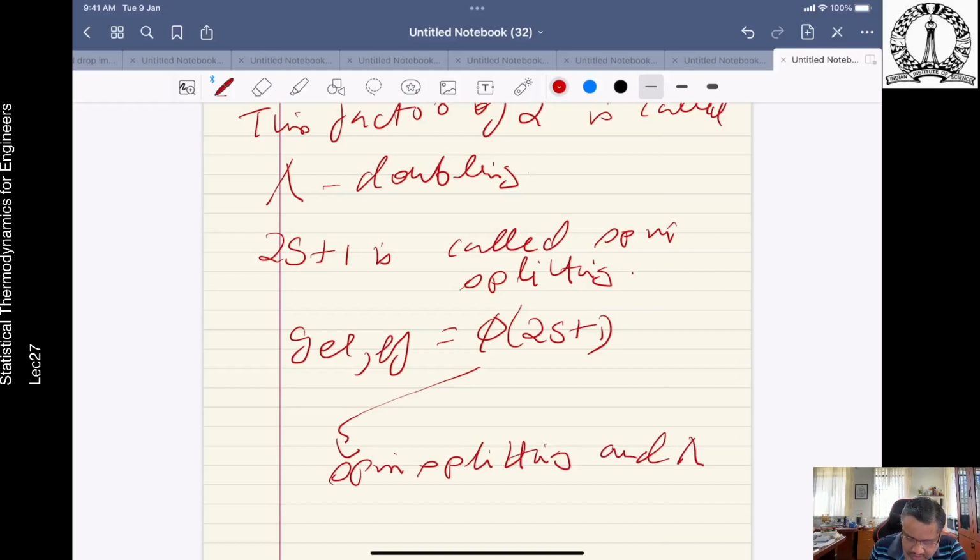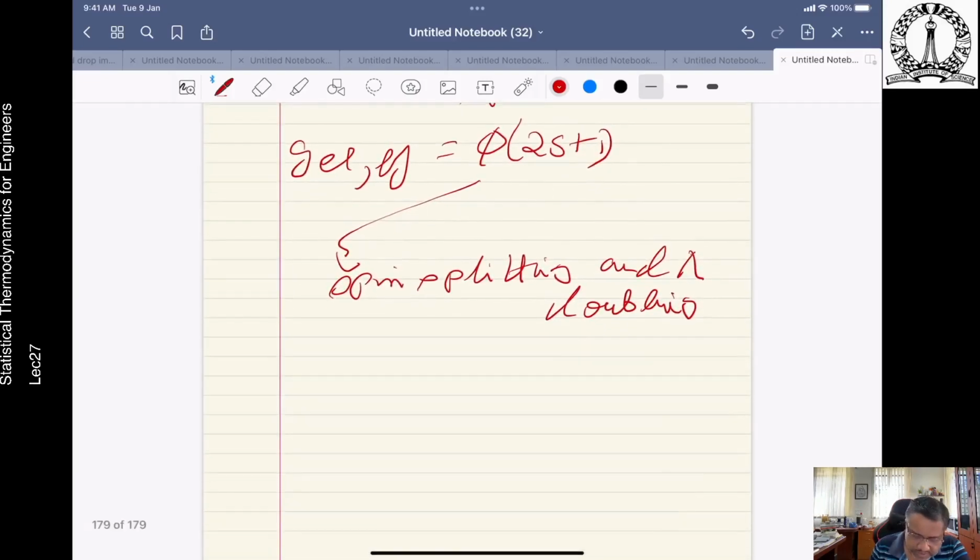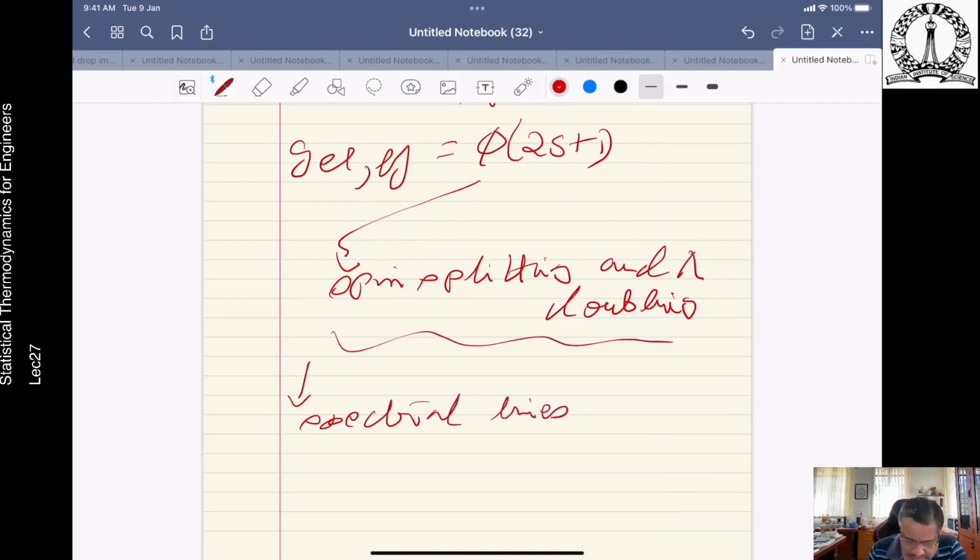So this leads to spectral lines having slightly different wavelengths.